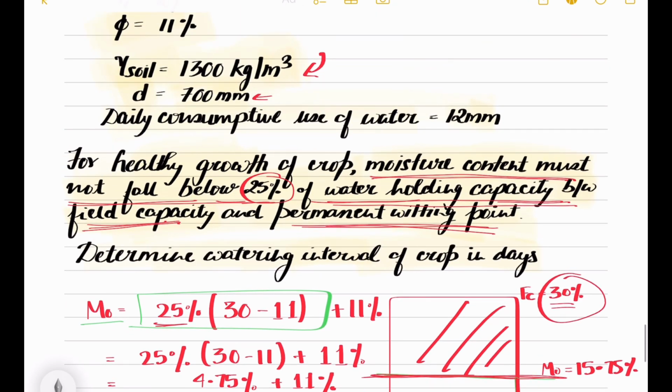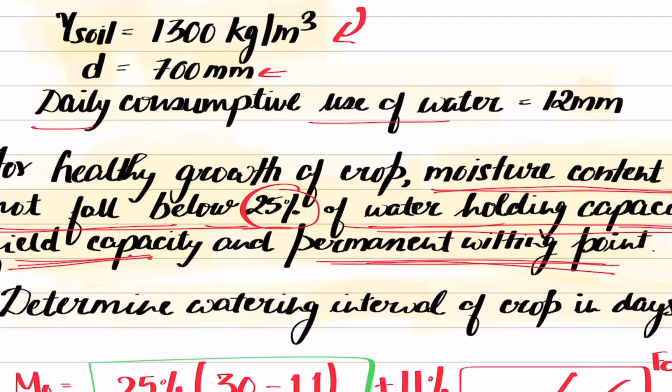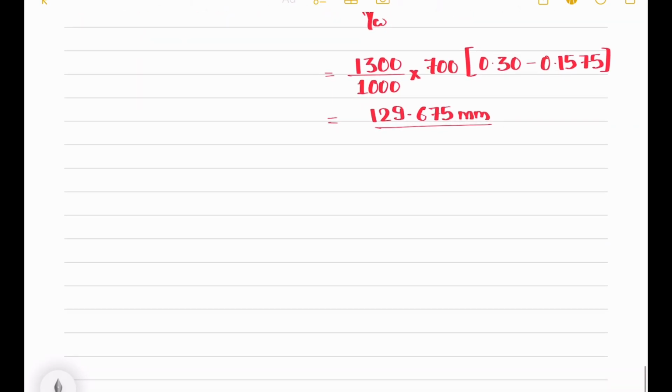The daily consumptive use of water is 12 mm. Right. Daily consumptive use is 12 mm. So 12 mm of water is utilized in one day.